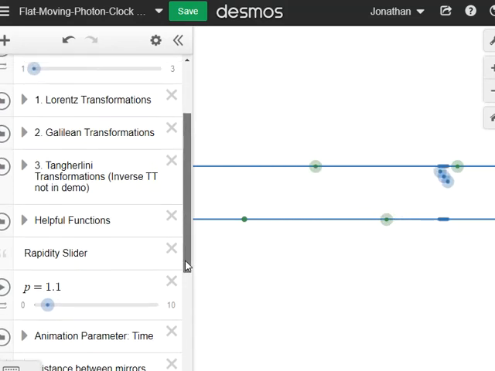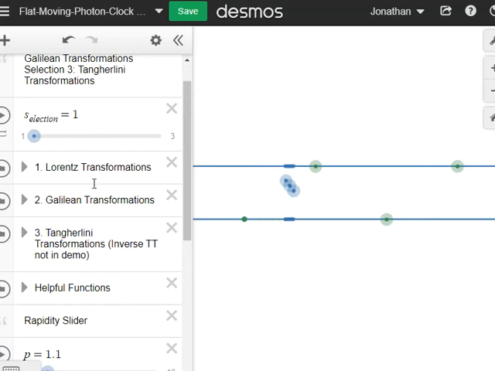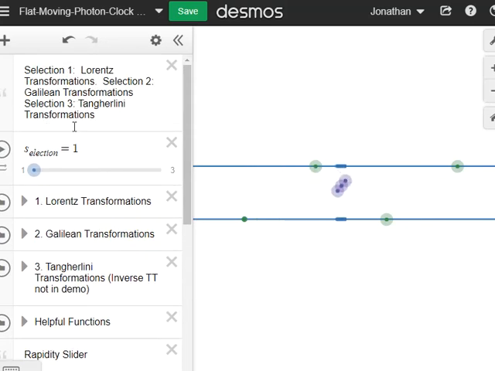You can see the difference between Lorentz transformation and Galilean transformation by moving the selection from 1 to 2. And you see in the Galilean transformations of these events, the photons don't orient themselves so that they're traveling perpendicular to the wavefront.